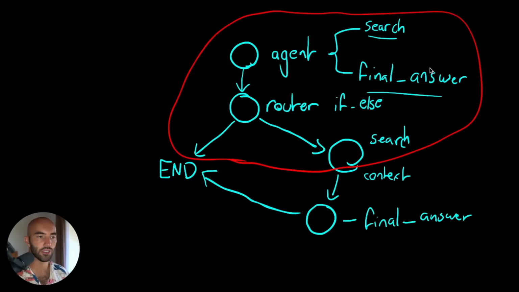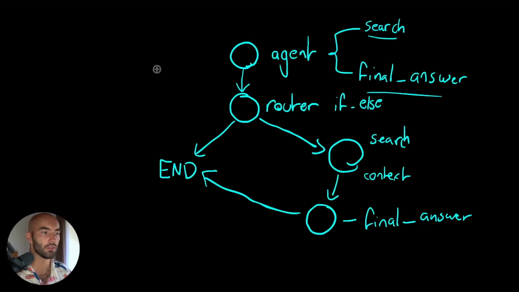Then what we need to do is define our edges. To define our edges, we add an edge. I think it's literally add edge, and we just say where we are coming from. So we could be going from the agent here, so this would be our X, and where we are going to.